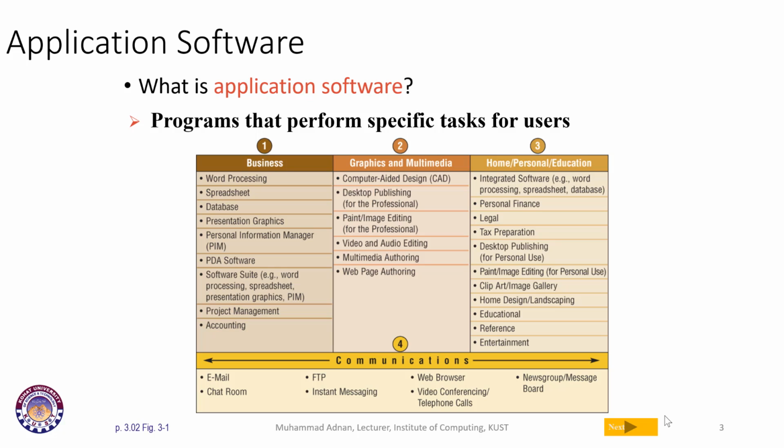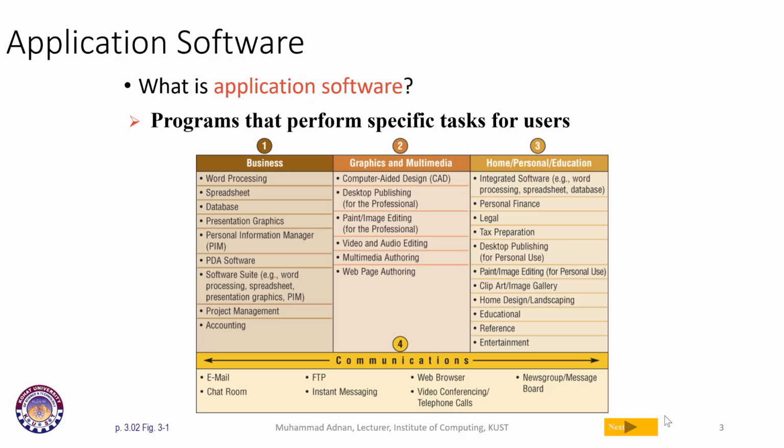But remember, application software is installed on top of system software. First, you have to install a system software, for example, an operating system, such as Windows 10, on your computer system. System software interacts with the hardware, controls and manages hardware, and controls the different resources of your computer system. And then on top of that system software, we install application software.